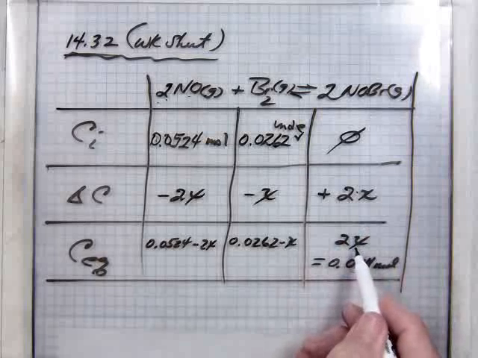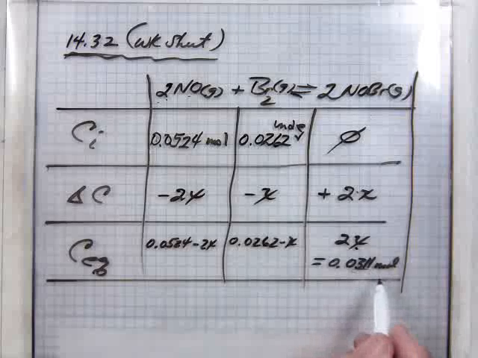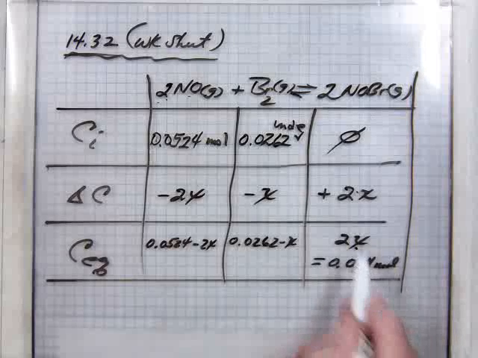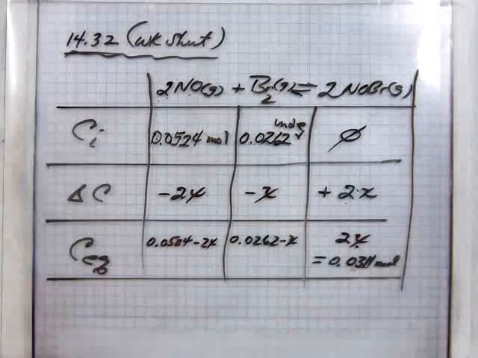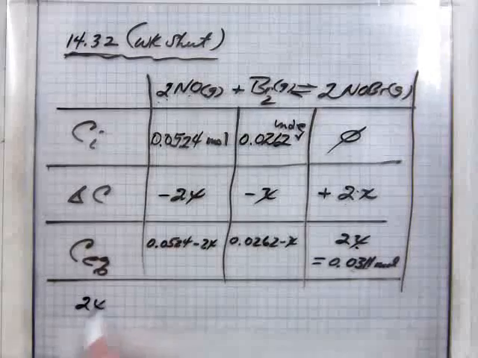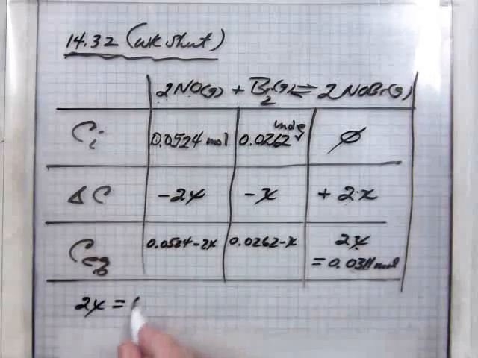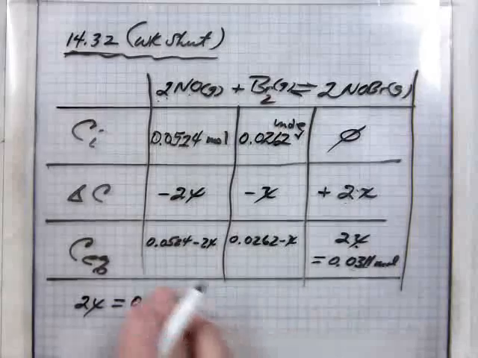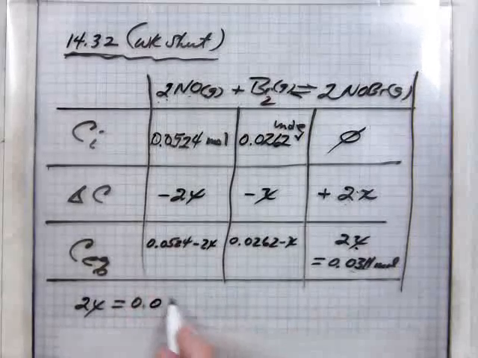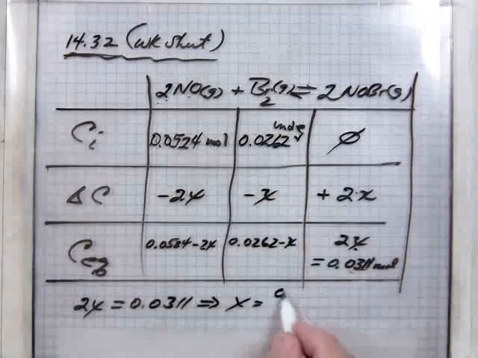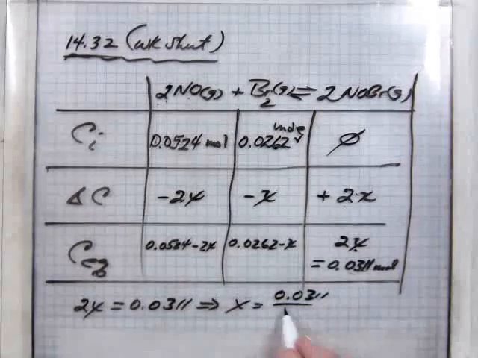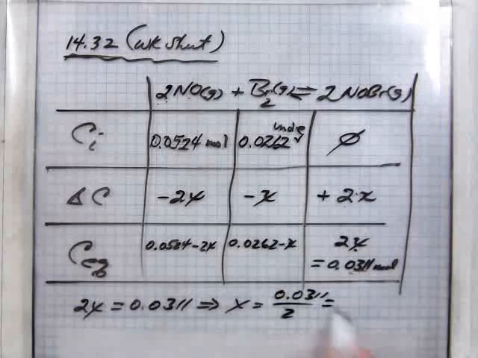Now think about that. Don't get confused on that. Okay, this is not X. It is everything given in the reaction chamber. But if you set up the algebra on this, it's a 2X there. And so 2X is equal to the 0.0311, sorry, which gives you X to equal 0.0311 over 2 mole.